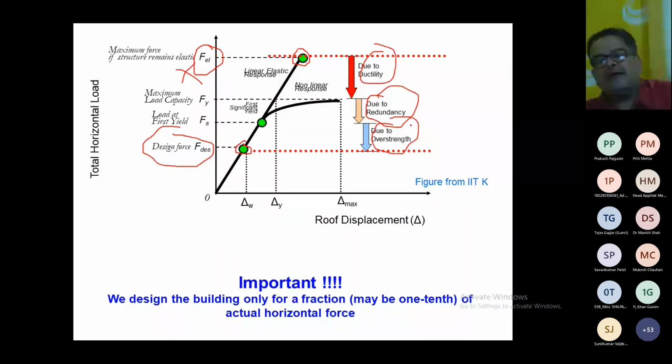What do you mean by redundancy? A simple example: if a table has 4 legs and any one leg is damaged, the table becomes unstable.